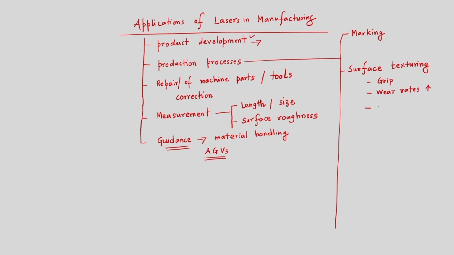Then we can even modify the optical properties of the surface, and the load capacity as well. So, surface texturing of meso size or micro size is being carried out by using the lasers.